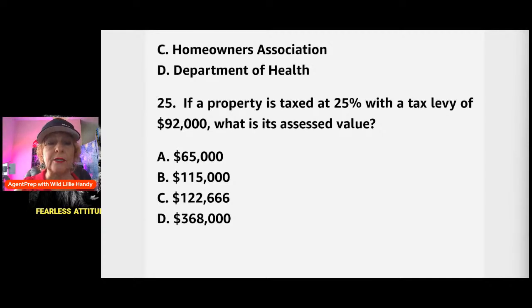So it is taxed at 25% with a tax levy at 92,000. So the original value has to be a lot greater. So it has to be quite a bit larger so that the property is taxed and it has a $92,000 tax, right?